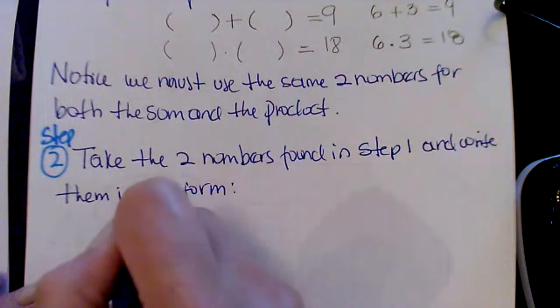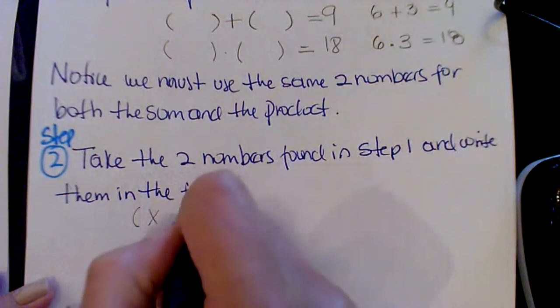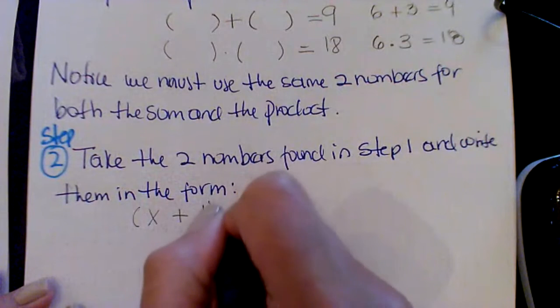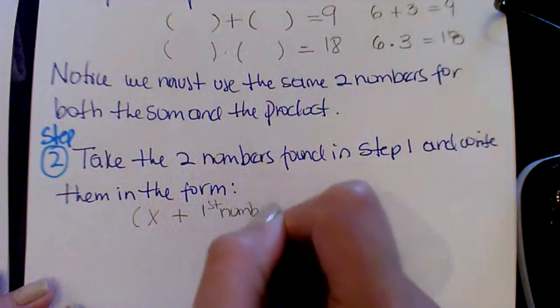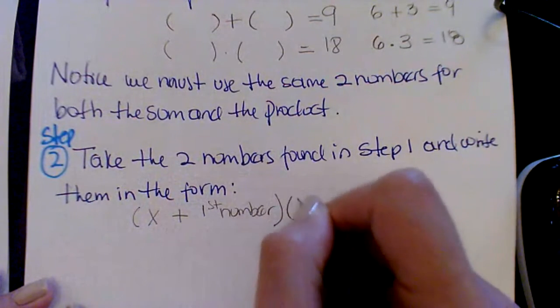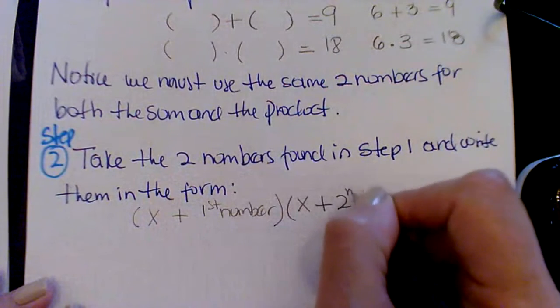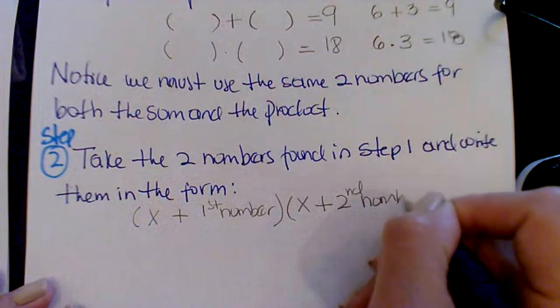So it's going to be x plus the first number, and the other one is going to be x plus the second number.